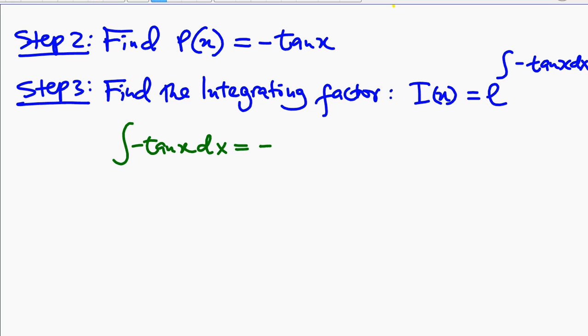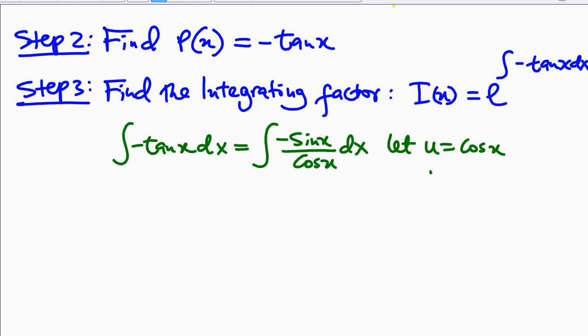will be, let's just put the negative out. Well, we can just leave it in, doesn't really matter. So that will be equal to the integral of negative sine x over cos x dx. Let's use substitution. Let u be equal to cos x. du over dx will be equal to negative sine x, which means dx will be equal to du over negative sine x.